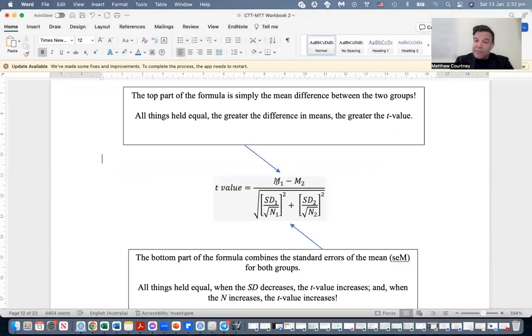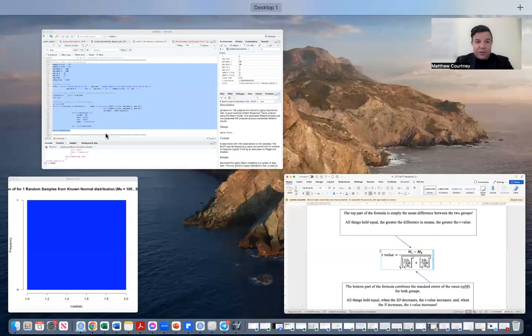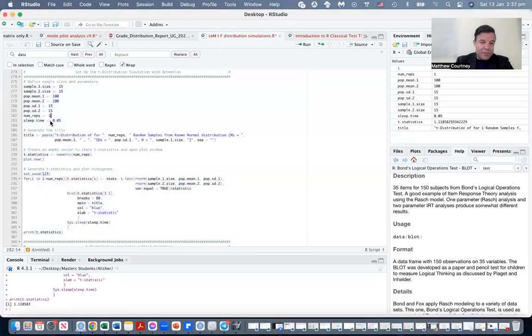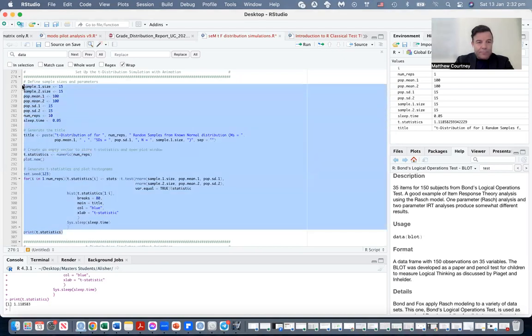So in this case, the average of the females must have been higher than the average of the males because it's a positive value. Okay, let's do it 10 times and see what we get. Okay, first one is positive, as before, positive again.